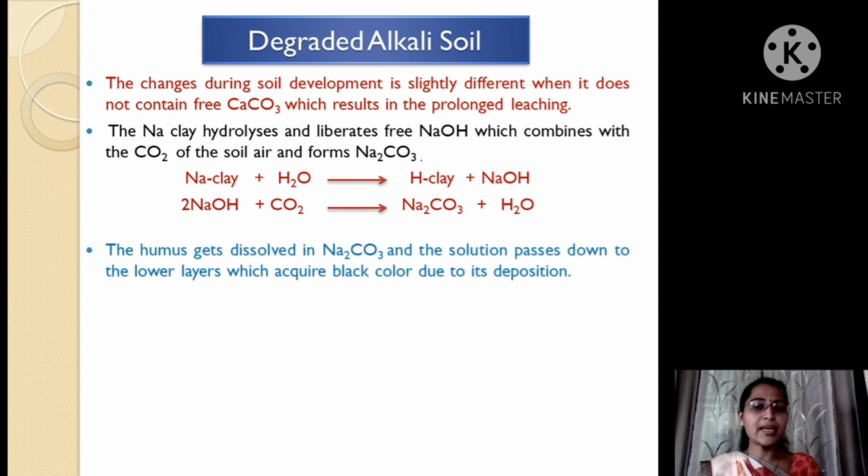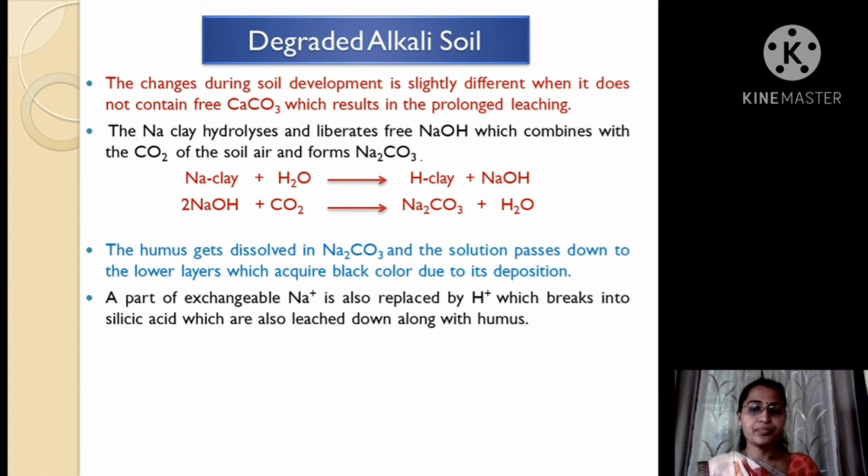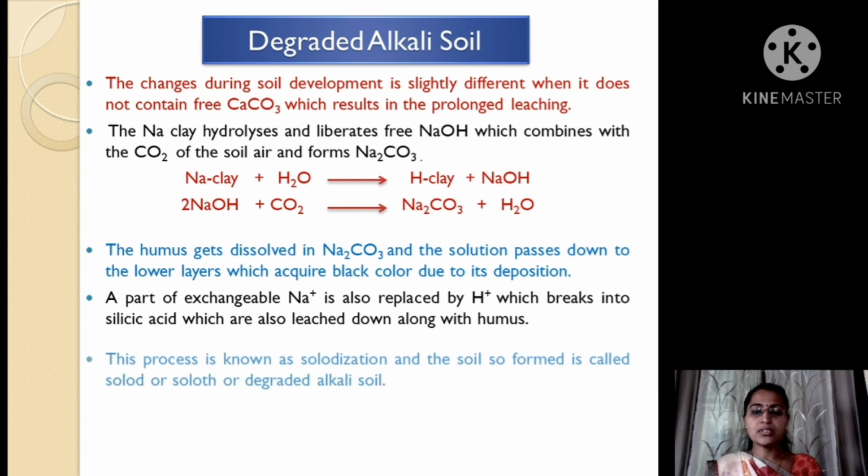The humus gets dissolved in sodium carbonate and the solution passes down to the lower layers, which acquire black color due to its deposition. A part of exchangeable sodium is also replaced by H+, which breaks into silicic acid, which is also leached down along with humus.